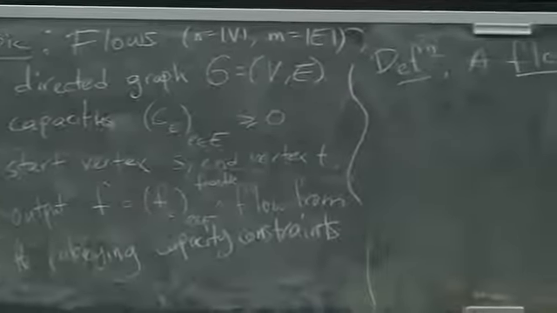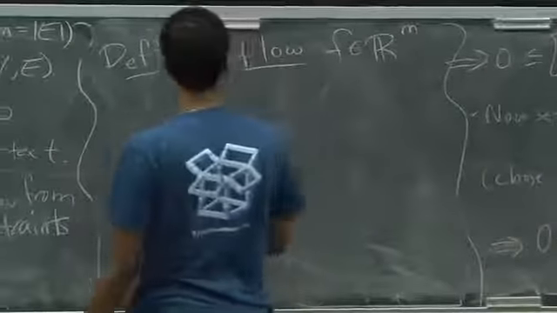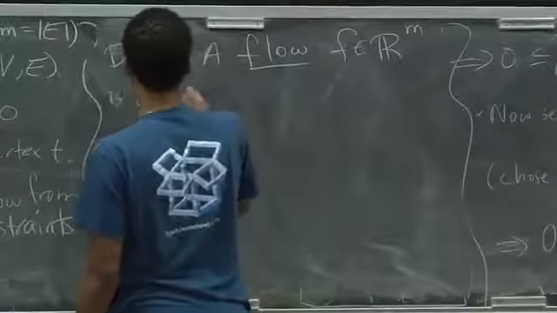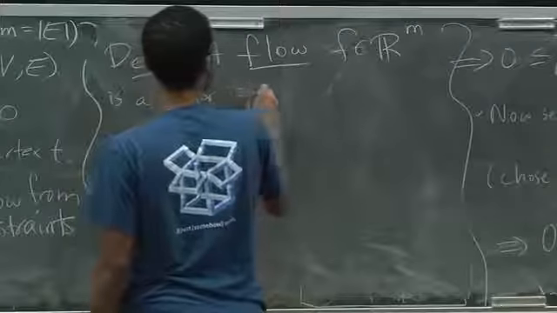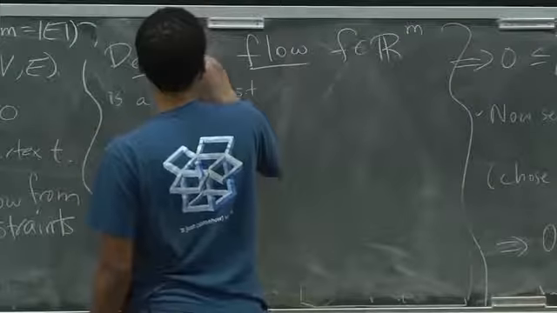Okay, so a flow is a vector, let's say an S-T flow.